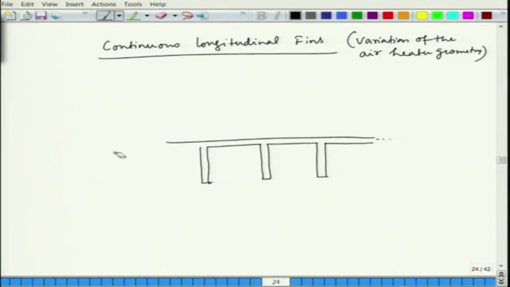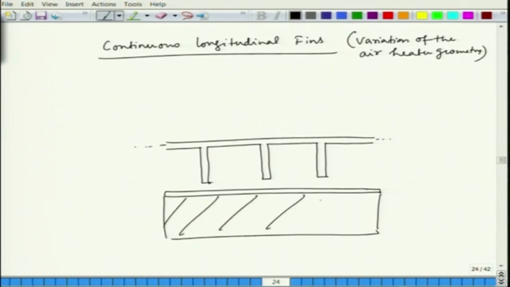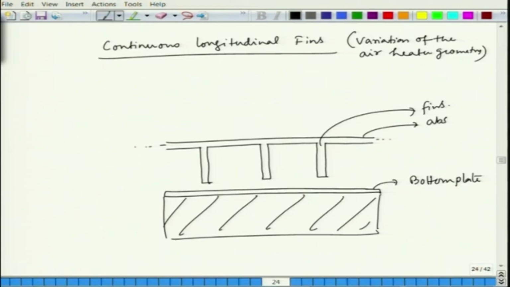This direction also it is continuously going on. Okay. And we have the bottom plate here. So, let us say this is the bottom plate and the lower portion of that is insulated. Okay. So, this is the bottom plate, and these are the fins, okay, fins, and this is the absorber plate.